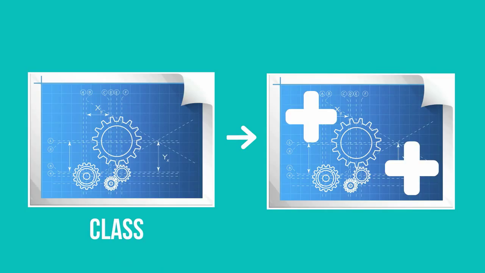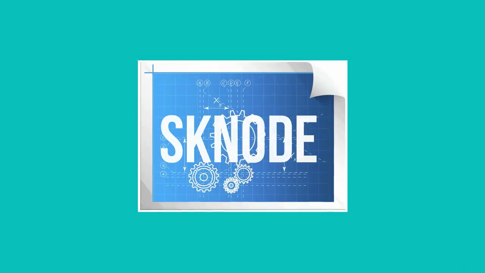It's building on top of the existing blueprint. You can think of SKNode as a very basic blueprint. Maybe it's just the foundations for the house. It can't really do too much on its own, but by existing it helps with all other blueprints. So the master blueprint for all other SpriteKit classes is SKNode.